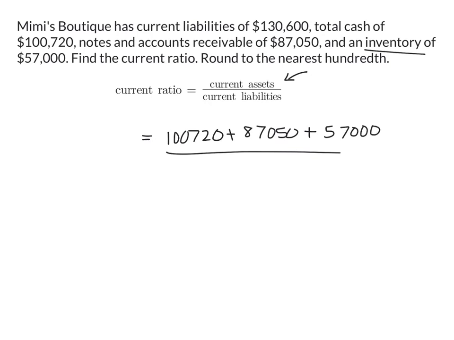When we add those three values together, we'll get the value of current assets. And since I'm completing the formula here, I'm just going to take the current liabilities and put it into the denominator. And the problem tells me that the current liabilities is $130,600.